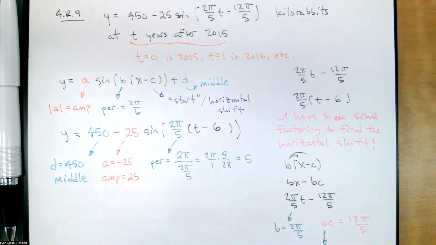Now, if you're looking at this and saying this horizontal shift is ridiculous because it is greater than the period, you are correct. Your horizontal shift should never be greater than your period. That's ridiculous. But you should just move it over. Instead of having a horizontal shift of 6, the period is 5.